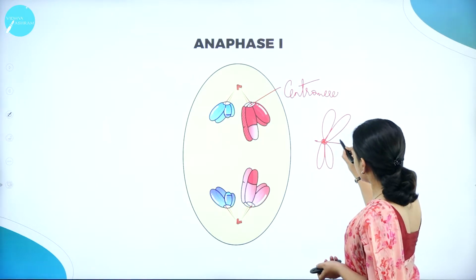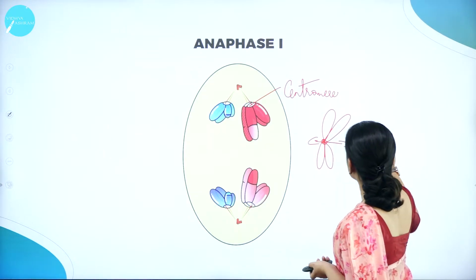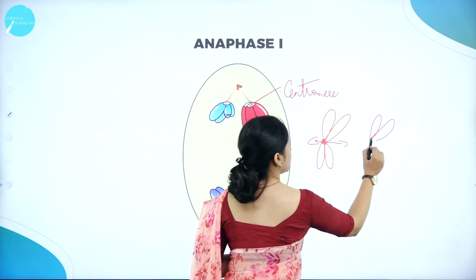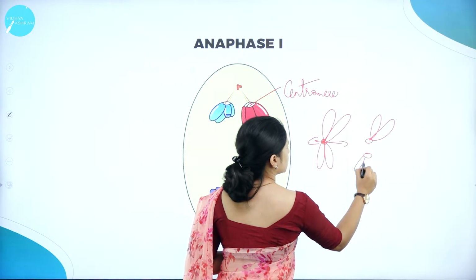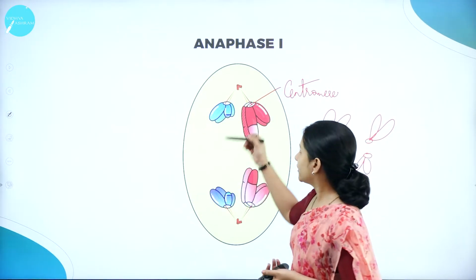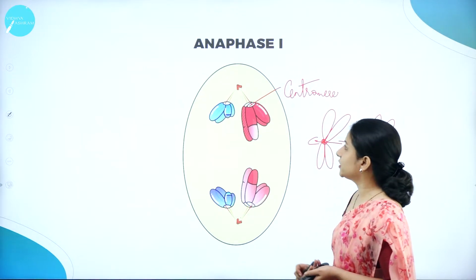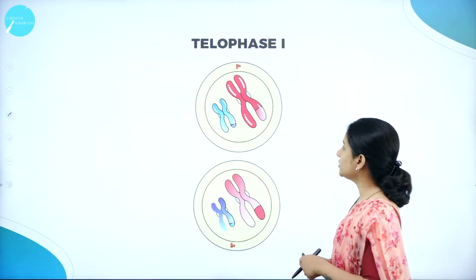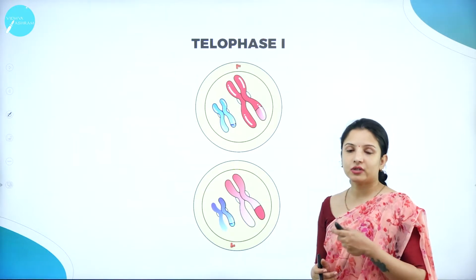So when the centromeres divide, the chromosomal arms will separate. They will start moving along the spindle fiber towards the opposite poles of the centrosome, and next they will enter into the telophase stage.